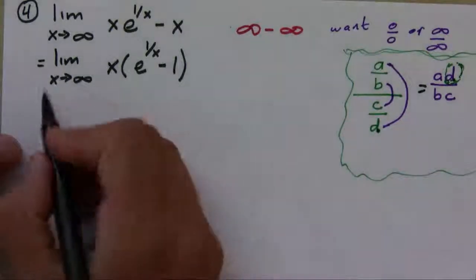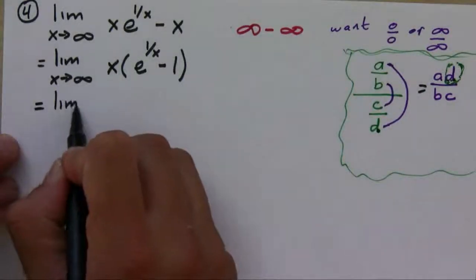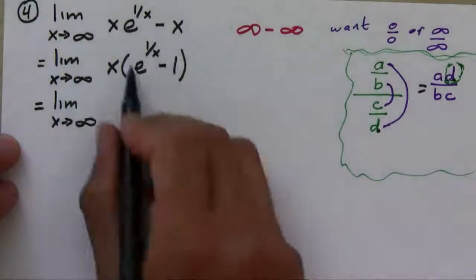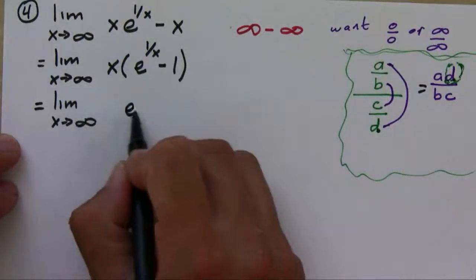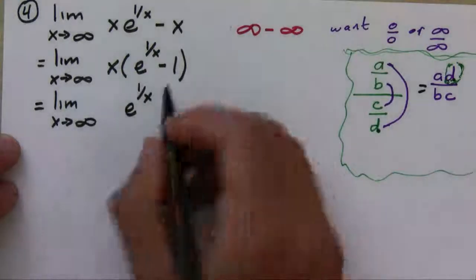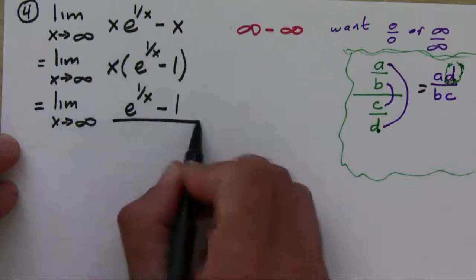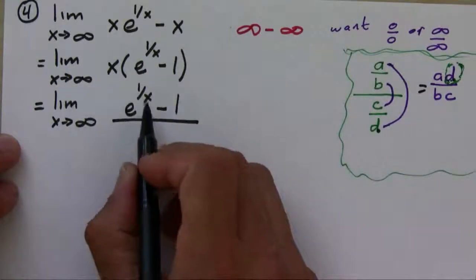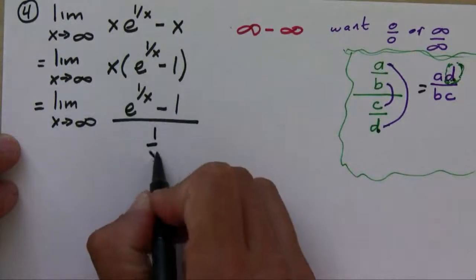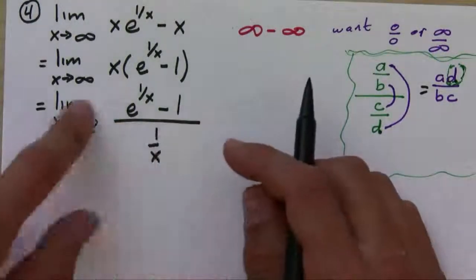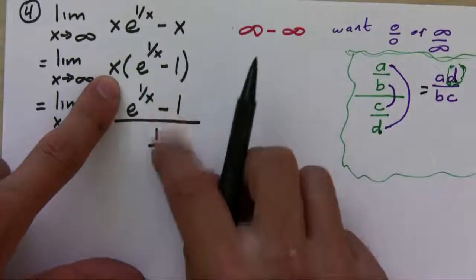This is a handy little trick: you would leave e to the 1 over x minus 1 alone, and then this would be all over, not x, but 1 over x. And so if you invert and multiply this, notice that you would get exactly the same thing. So these two are equal.